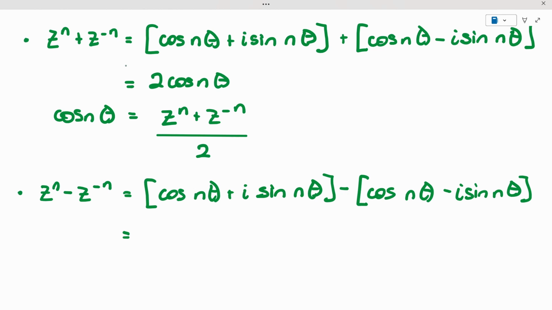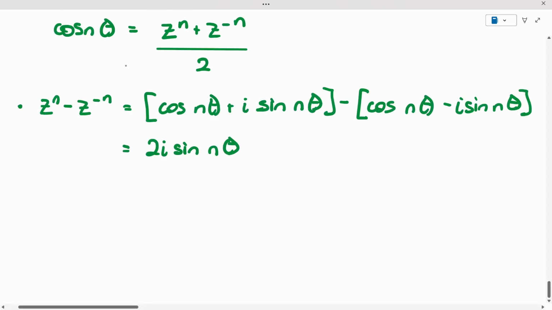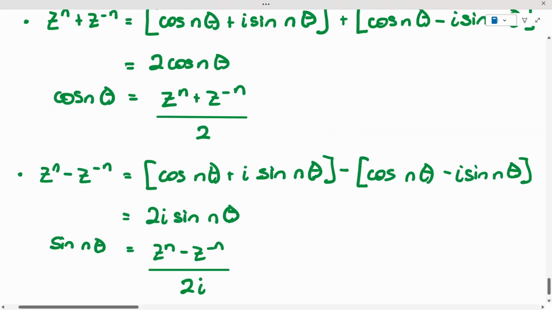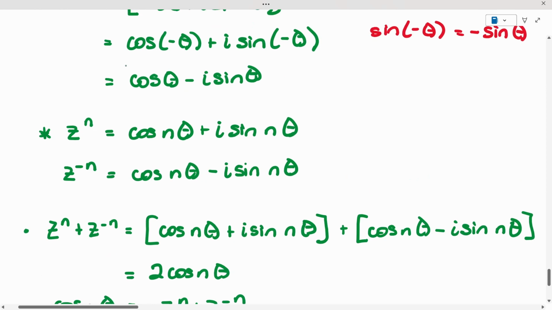And the minus over here will change this to plus, and we'll get 2i sine n theta, right? So we could write now sine n theta as z to the n minus z to the minus n all over 2i. Right? So we're going to use these two identities to help us out here with this question.